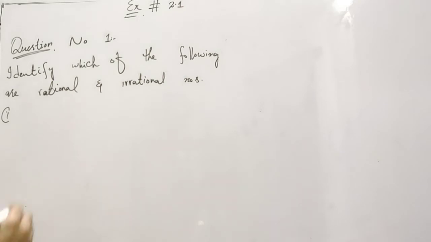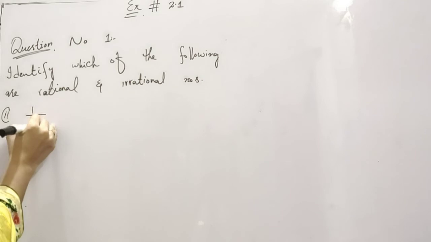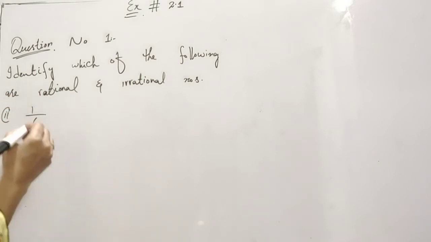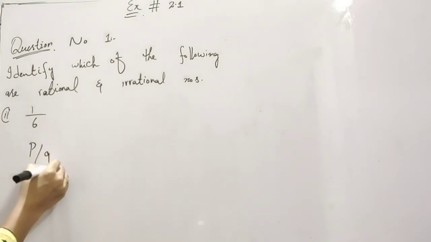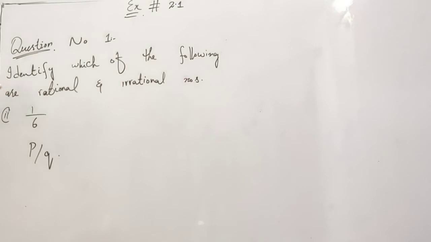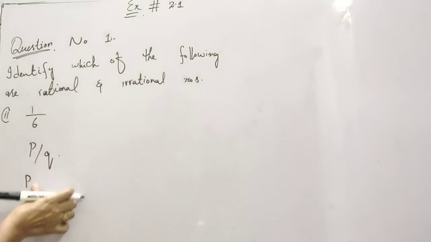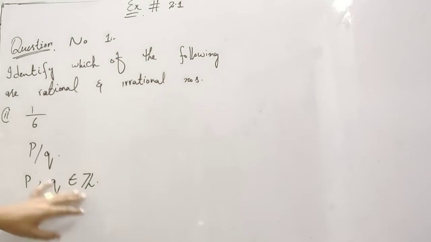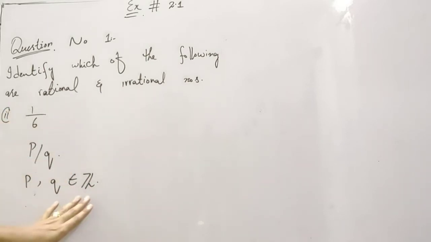Now we will move toward the second part, and the second part is 1 by 6. We know that the rational numbers are the numbers which can be written in the form of p over q. If we say that 1 is p and 6 is q, so p and q both should belong to the set of integers. So 1 belongs to the set of integers and 6 also belongs to the set of integers.